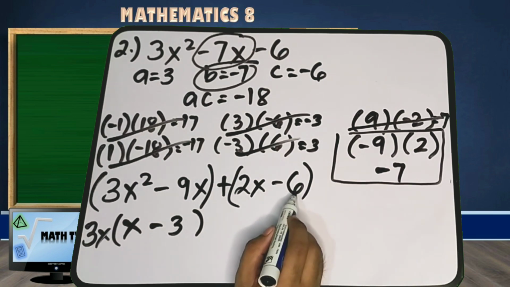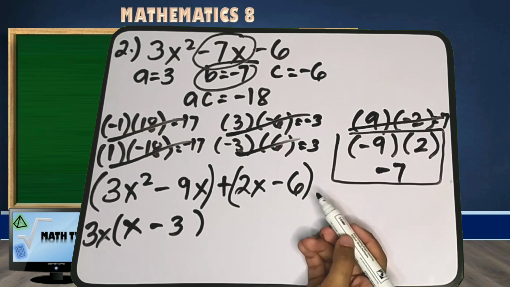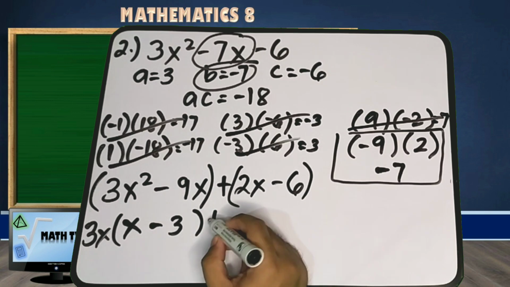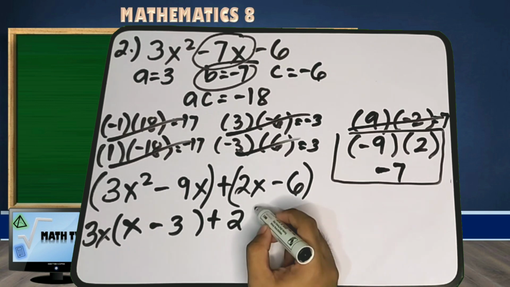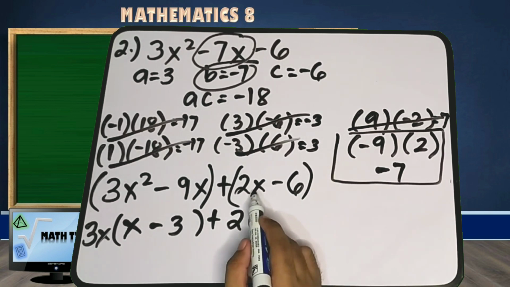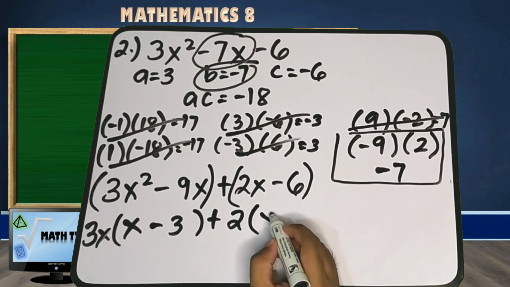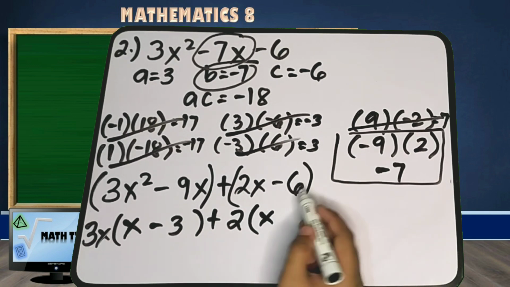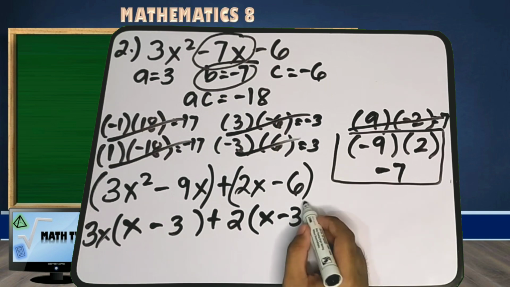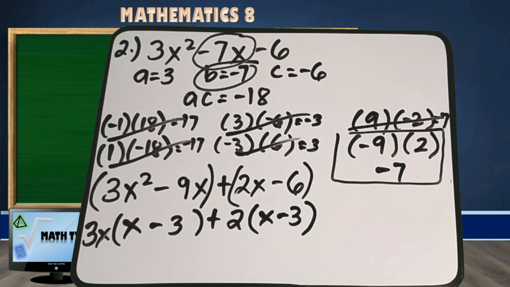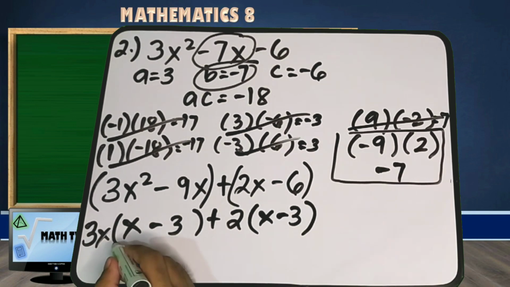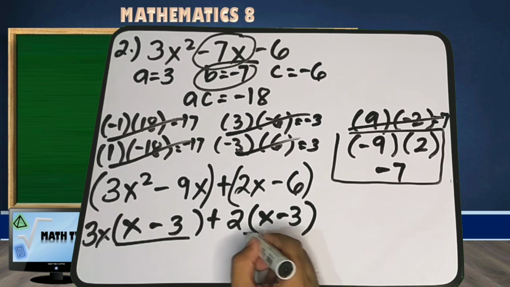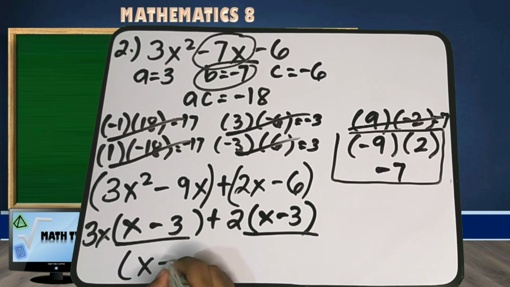So, 2x tsaka si 6, ang common factor nila is 2. So, plus 2 times 2x divided by 2, so x. Negative 6 divided by 2, negative 3. So, factor out yung common binomial natin. So, that is x minus 3.